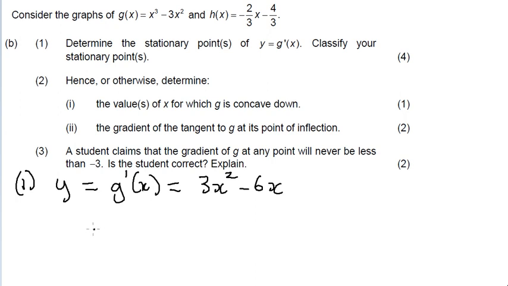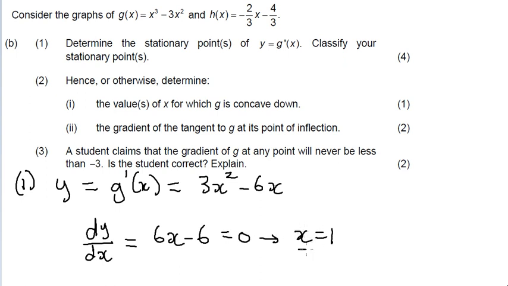This will give me dy dx, or if you like, g double prime of x, which is 6x minus 6 equals 0, and so it gives me x is equal to 1, which means the stationary point will be at the x value of 1.